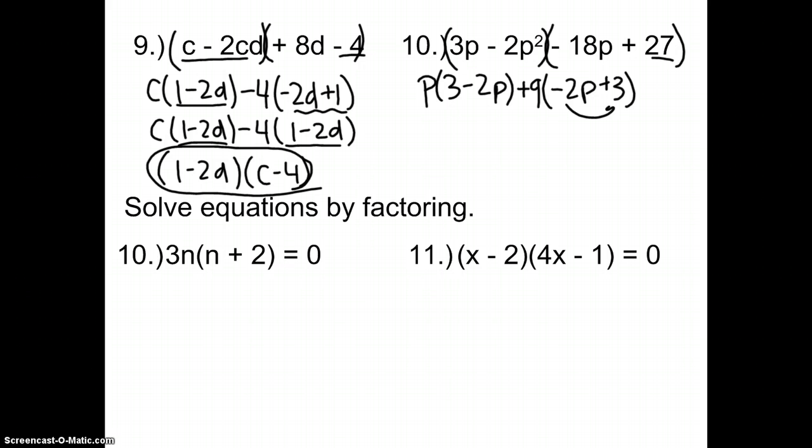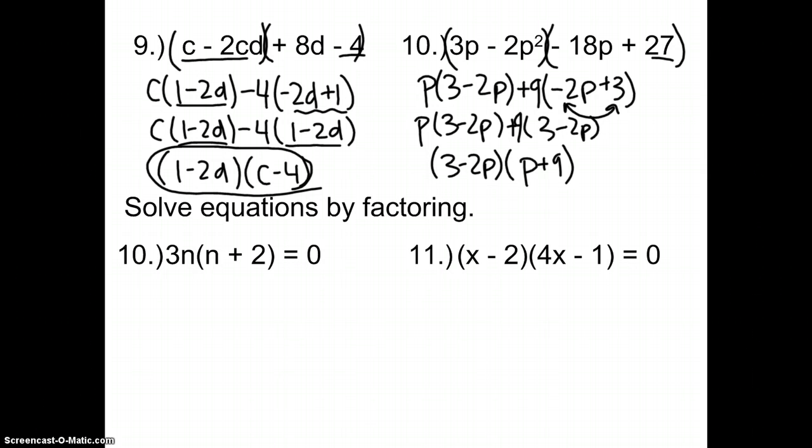And again, we have to flip-flop these to make sure that they look exactly the same. So now we have 3 minus 2p in both terms, so we can factor it out and add what we have left, p plus 9, and we've reached our solution.